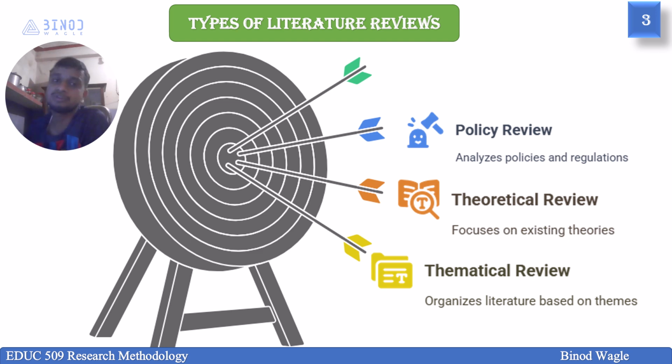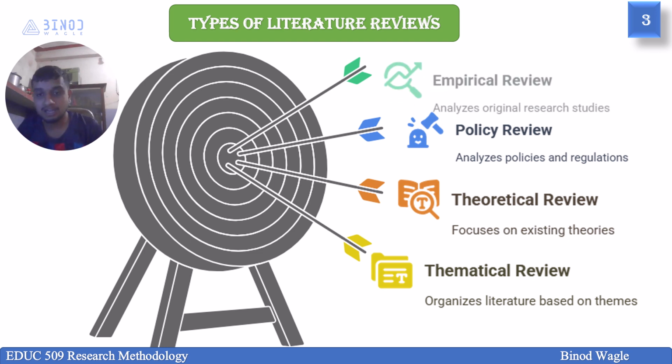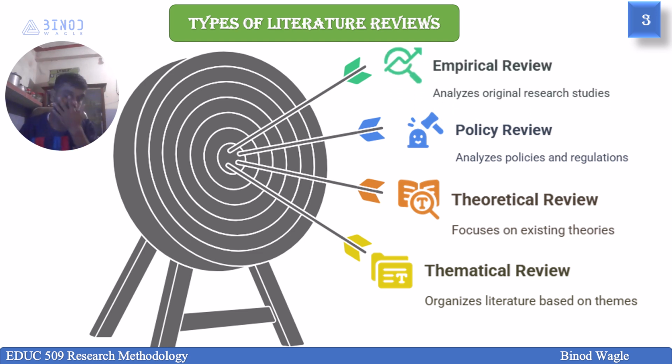In a literature review, the policy review mainly analyzes the policy or the regulation related to our topic. It is often used in social science, public administration, or the education fields. For example, reviewing national education policies regarding inclusive education can be taken as one example. The next one is the empirical review.